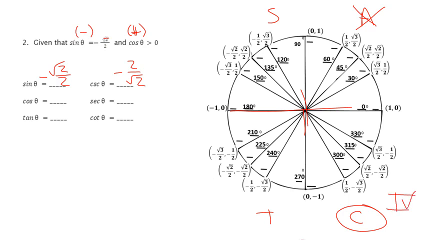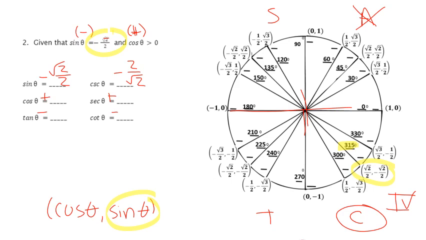So when I look at this, then I know cosine is going to be positive, but tangent is going to be negative. So I'm going to put those signs in there. I'm looking for sine. So again, it's cosine, sine as my point. And I'm looking which of those has basically a y value of negative root 2 over 2. And that's going to be 315 degrees.